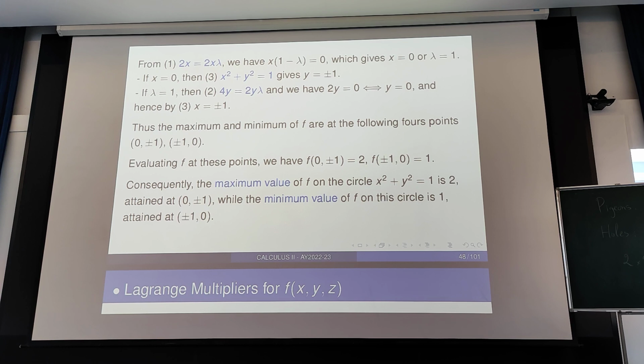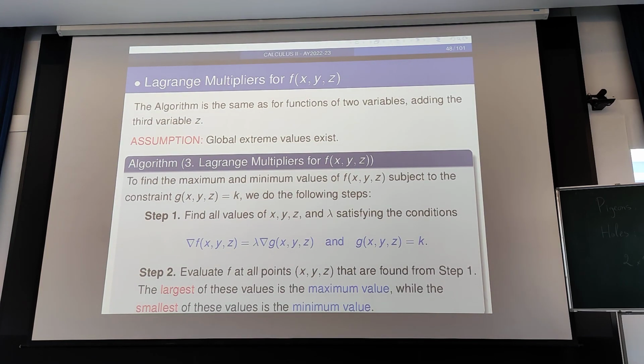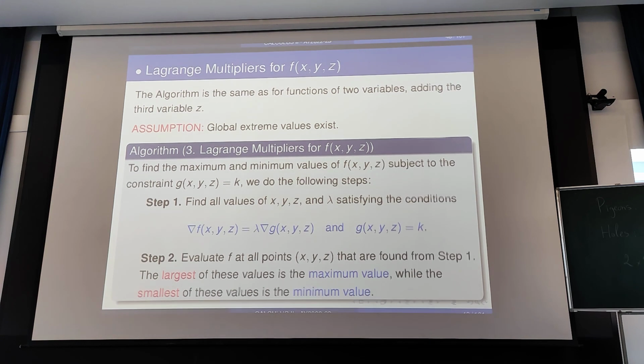Okay, so let's move to the optimization problem for three-variable functions. Let's see if we can proceed similarly for this three-variable function. You can see here the algorithm for the Lagrange multiplier for a three-variable function.